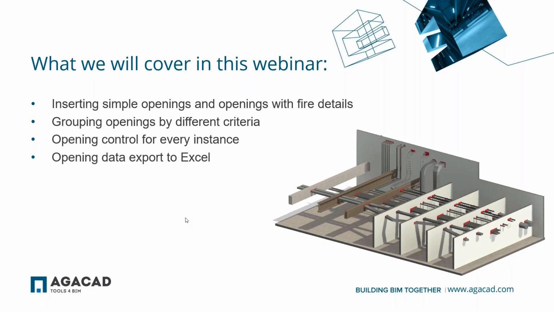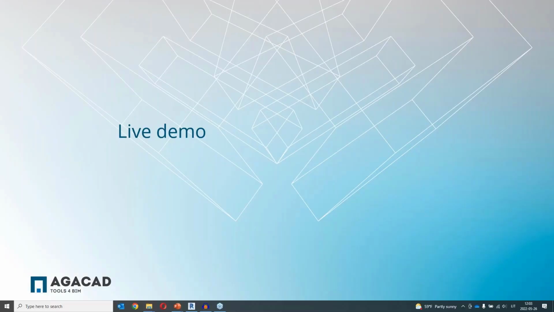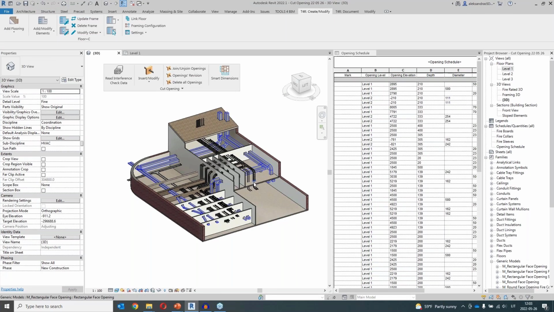I will show possibilities to control every instance of those openings in the project. And an additional possibility, available since recently, opening control through Excel, that is, exporting data and importing it back again. Now we'll go to the live demo, jumping into the model.